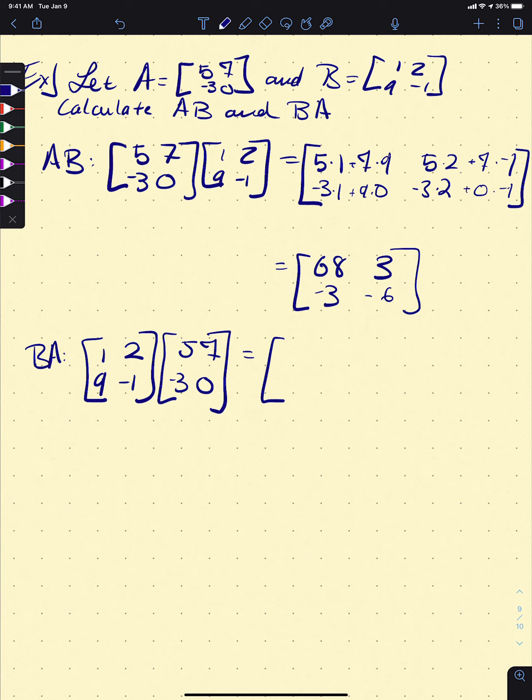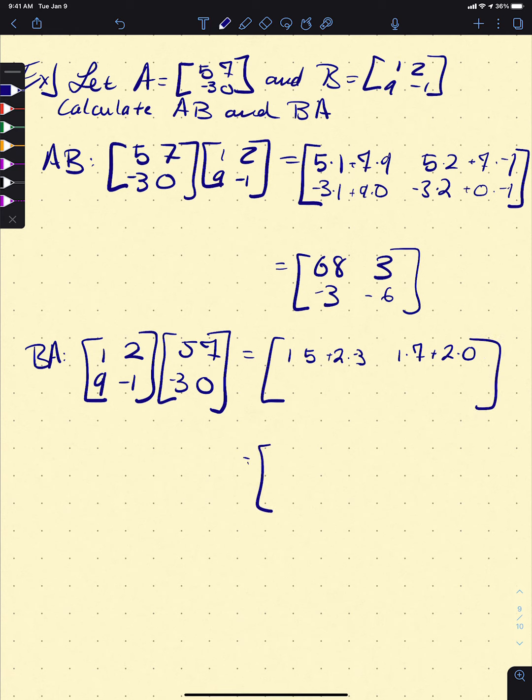So we're going to have 1 times 5, plus 2 times negative 3. For our next one, we're going to have the inner product of this row with this column. So it looks like we're going to have 1 times 7, plus 2 times 0.